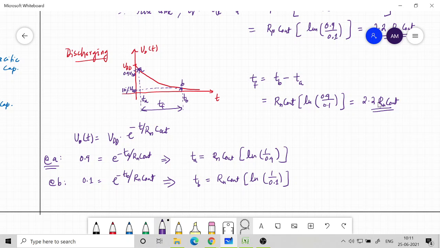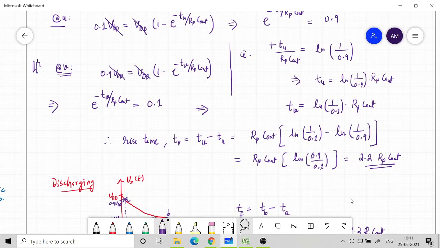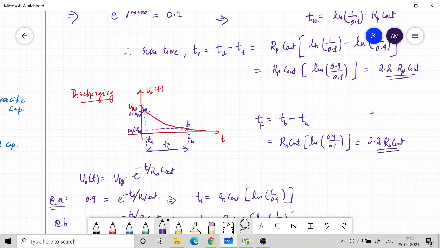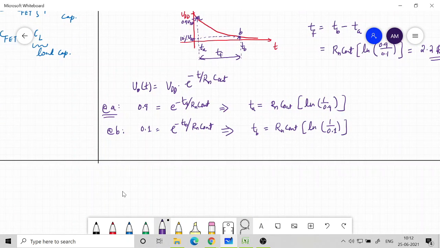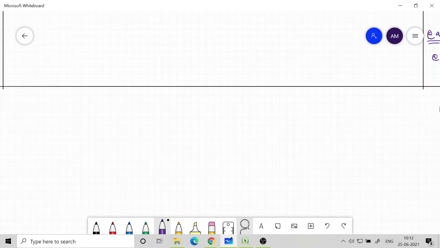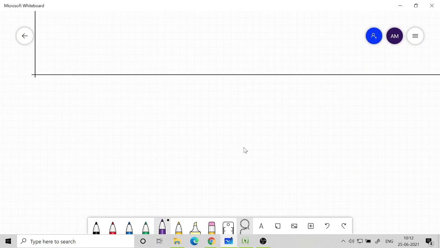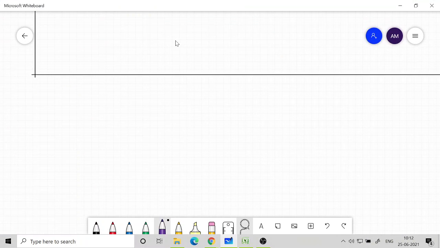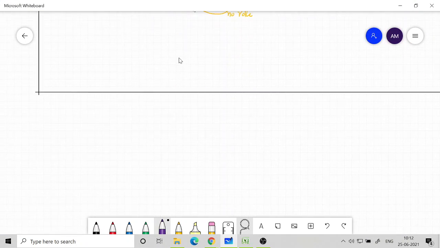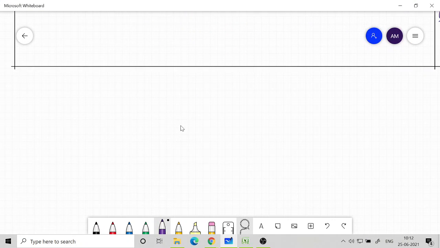Okay, so we got the rise time and fall time by defining them as 10 percentage point to 90 percentage point while charging, or while discharging 90 percentage point to 10 percentage point. Now there is an alternate definition which I earlier introduced, where you define it in a slightly different way, with respect to the input waveform.